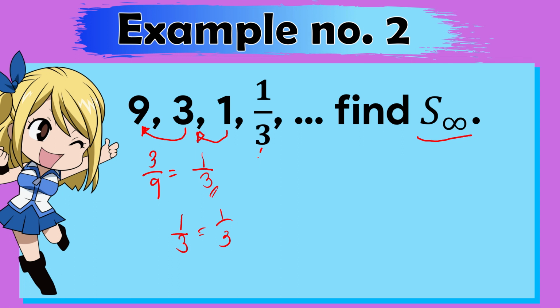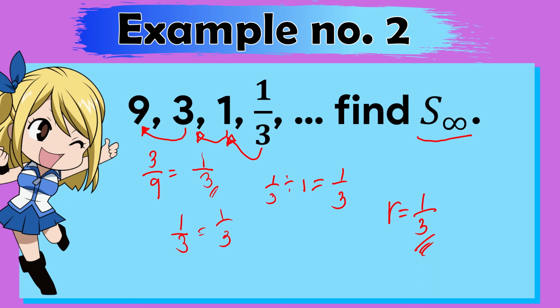And lastly, 1/3 divided by 1. Alam naman natin that any number divided by 1, the answer is the number itself. So that is also 1/3. And ang nakuha natin common ratio is 1/3. And since our common ratio is less than 1, so therefore may makukuha tayo na sum para sa infinite geometric series na to.